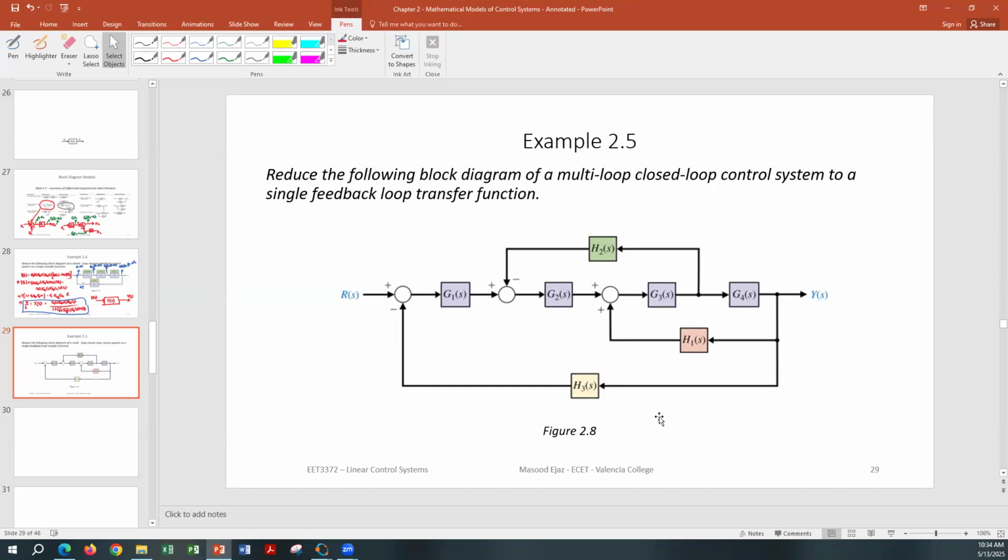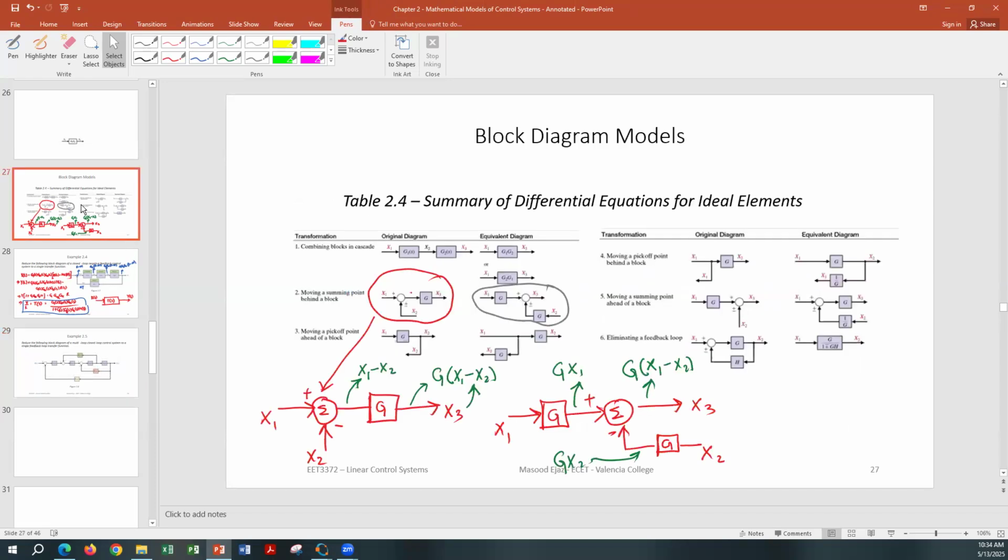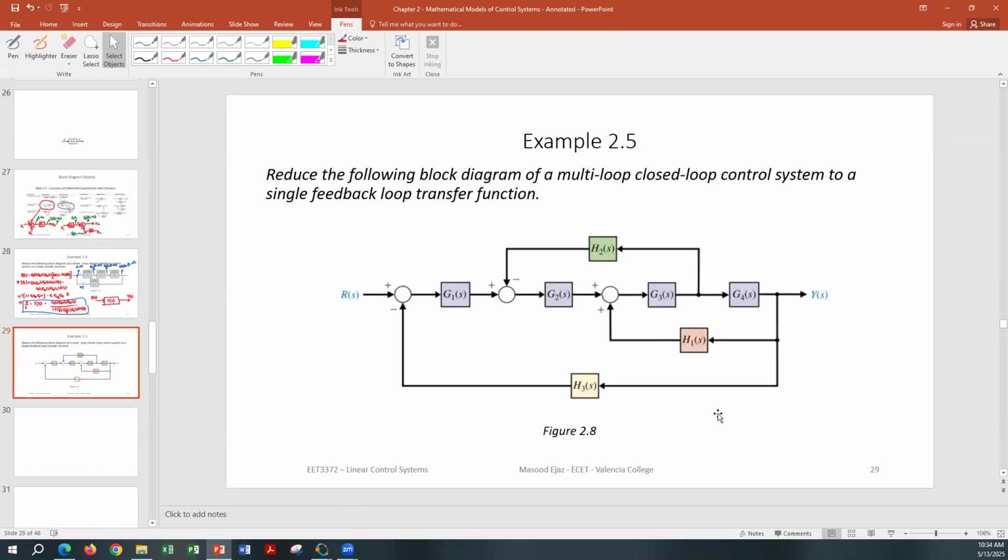We're going to get help from our block diagram model. And the first thing that we can see, now when you have a multiple loop diagram, generally you start reducing the innermost loop first and then expand. Innermost, then the one that is bigger than that, and then in this case, the biggest of all. So the first one, we cannot do this right now because you have a pick-off point right over there.